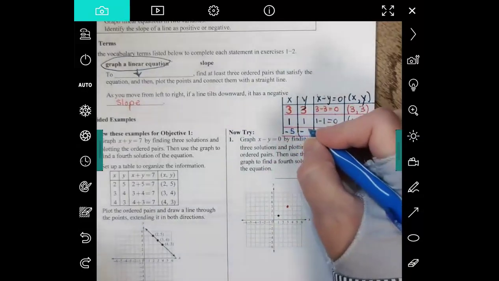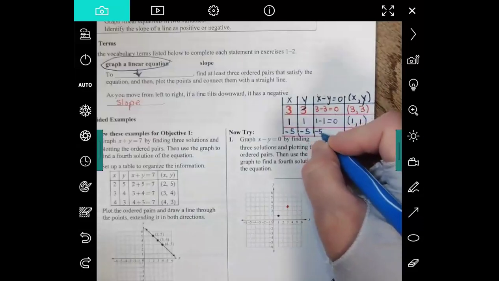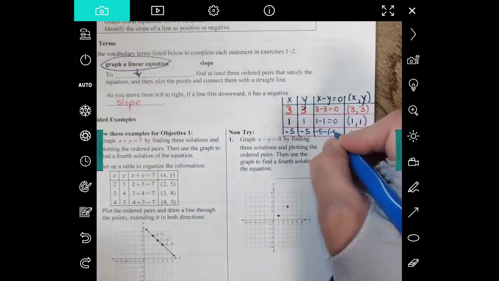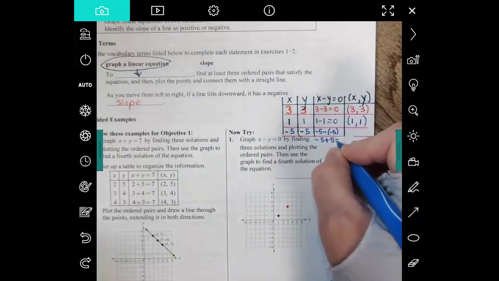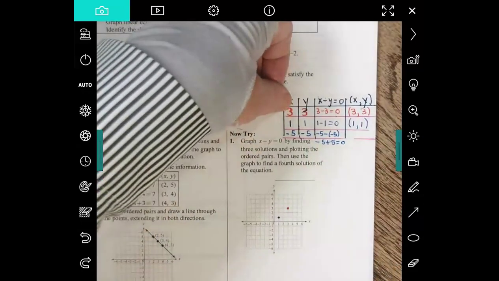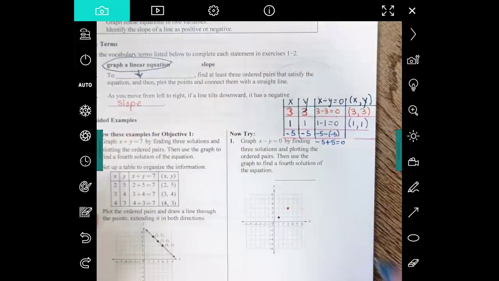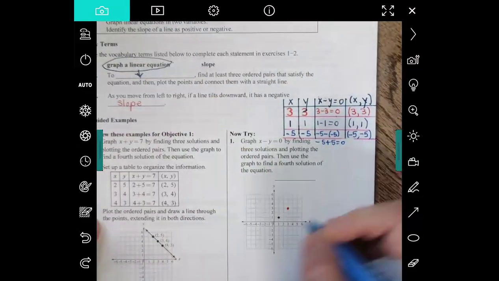Negative 5 it is. All right, because think of this. Negative 5 minus a negative 5 is the same as negative 5 plus 5, yes, which is 0. You got it, right? And we kind of saw the pattern emerging. Whatever we put in for the X, that was the Y, so yeah. So we're going to put the point -5, -5 on the graph. Just why not?